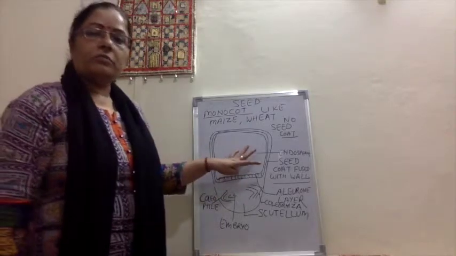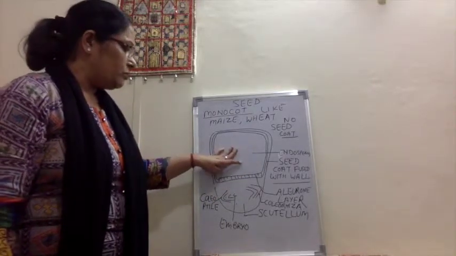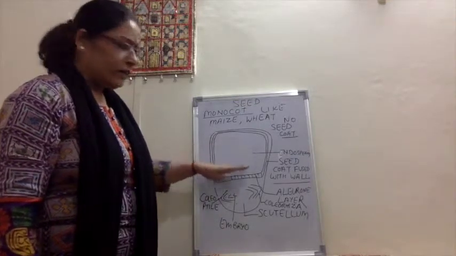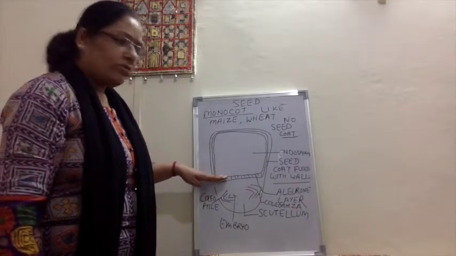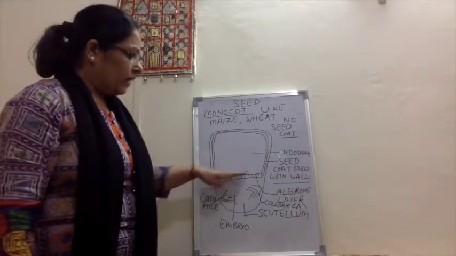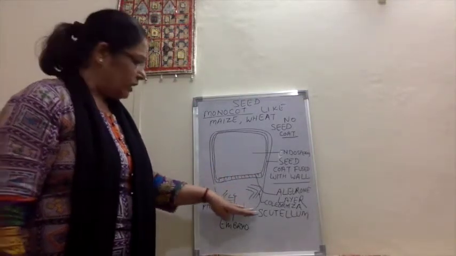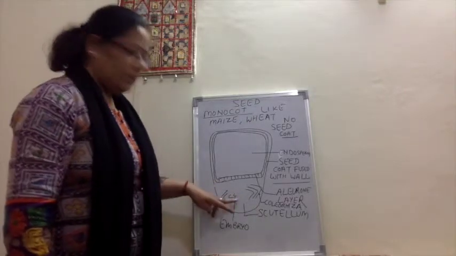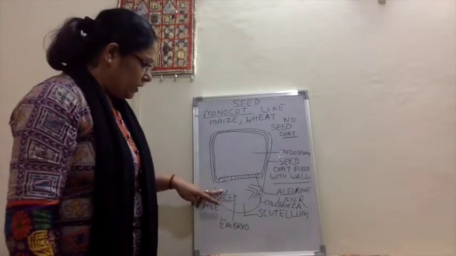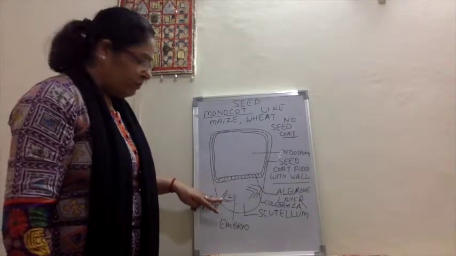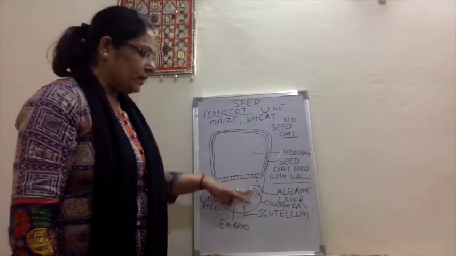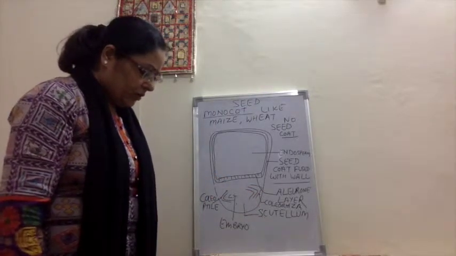This is about monocot seed. The endosperm is separated from the embryo by a thin aleurone layer, one cotyledon is called scutellum, the embryo is embedded on one side, the plumule is protected by coleoptile, and the radicle is protected by coleorhiza.